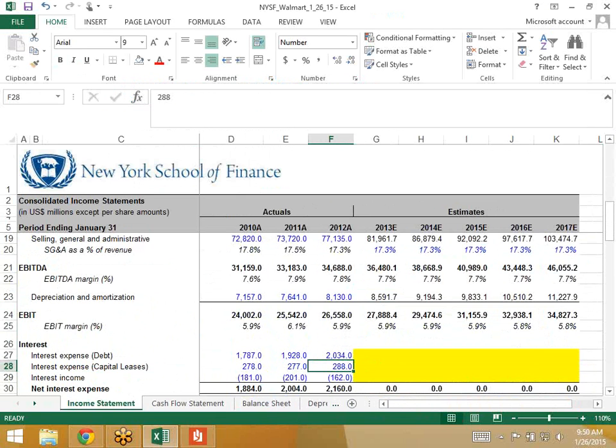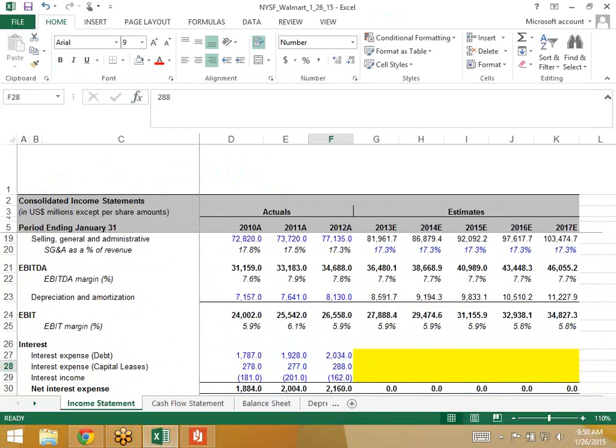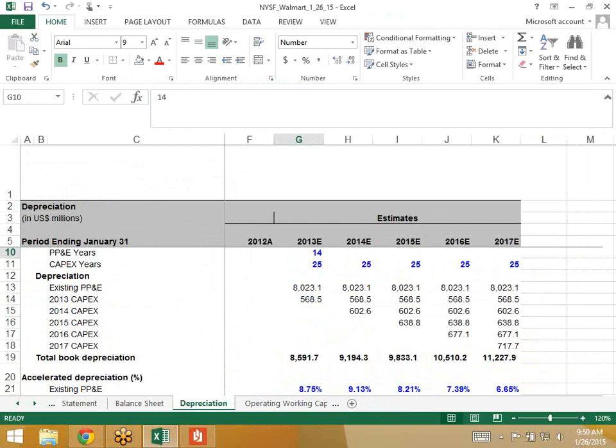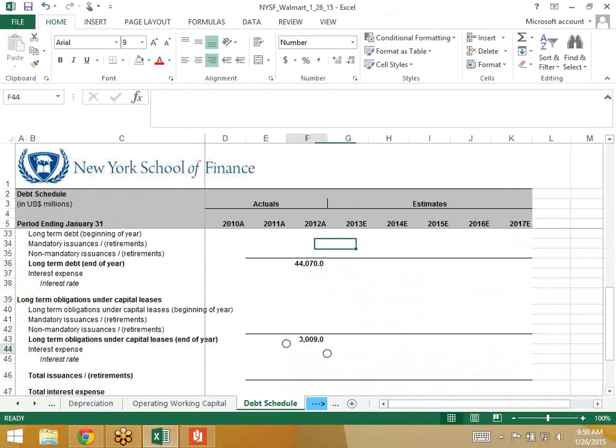And I'm not going to just take the 288 divided by the 2012 capital leases, but an average of the 2012 and 2011 balance to get a good, accurate percentage. And so I'm going to create that formula and build it in. I'm just going to assume for now that the current portion rate and the long-term rate are going to be the same. That's just the way I'm going to do it.